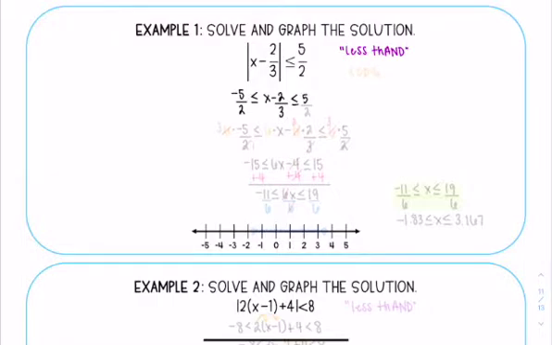This method is nice because we can just do all of the computation at one time. So we need to get rid of our denominators, and my LCD is going to be 6. So we want to multiply everything by 6.